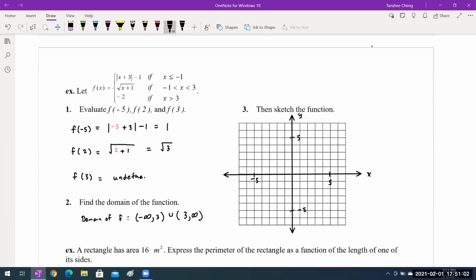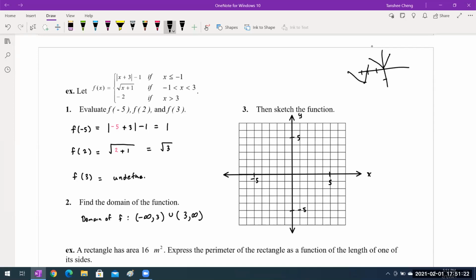The first part is absolute value shifted to the left 3 units and then shifted down 1 unit. We know that the parent graph of absolute value is like this. Then we shift it to the left 3 units, 1, 2, 3, and then down 1 unit.